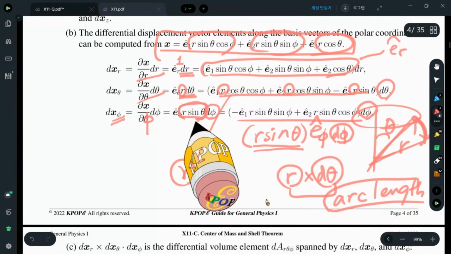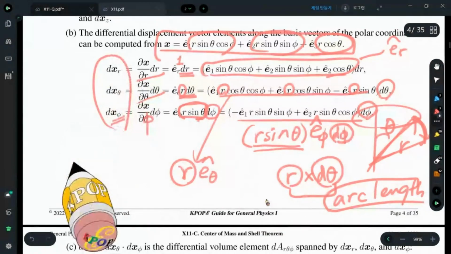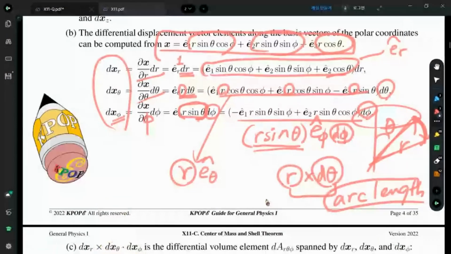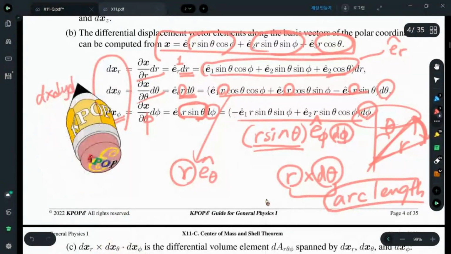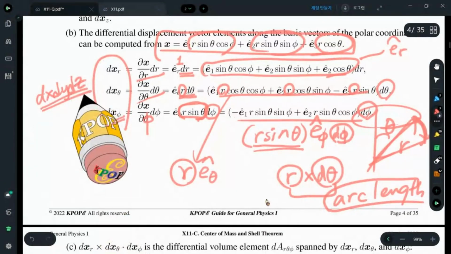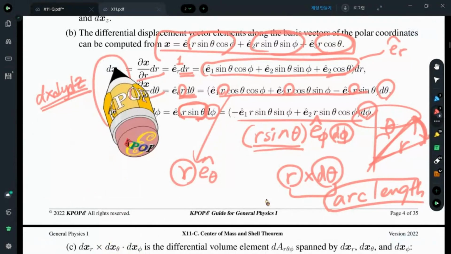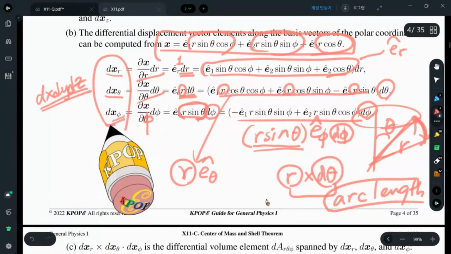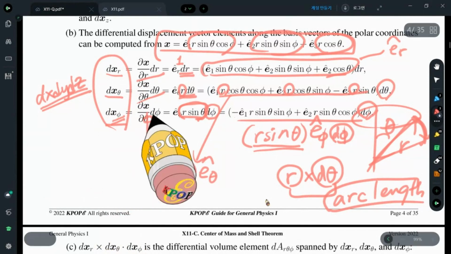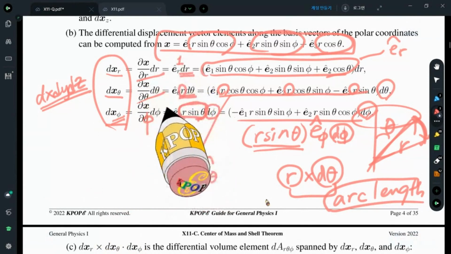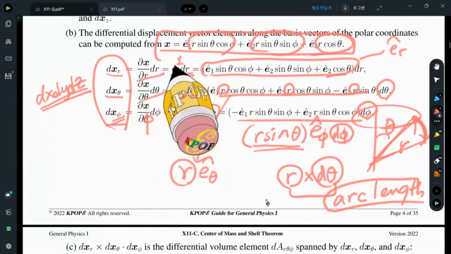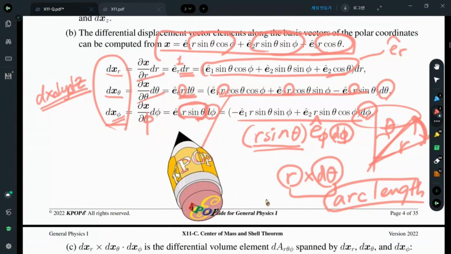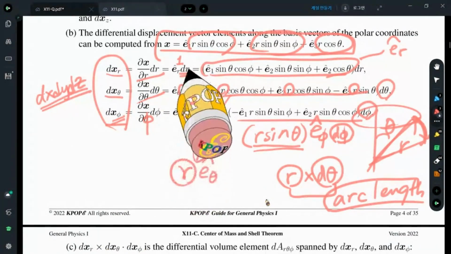As a result, for example, if I compute the volume in the three-dimensional space, dx, dy, dz is the volume element in the Cartesian coordinates. But if I make use of these spherical polar coordinates, the volume element will be the triple scalar product of these unit vectors that are all orthogonal to each other.